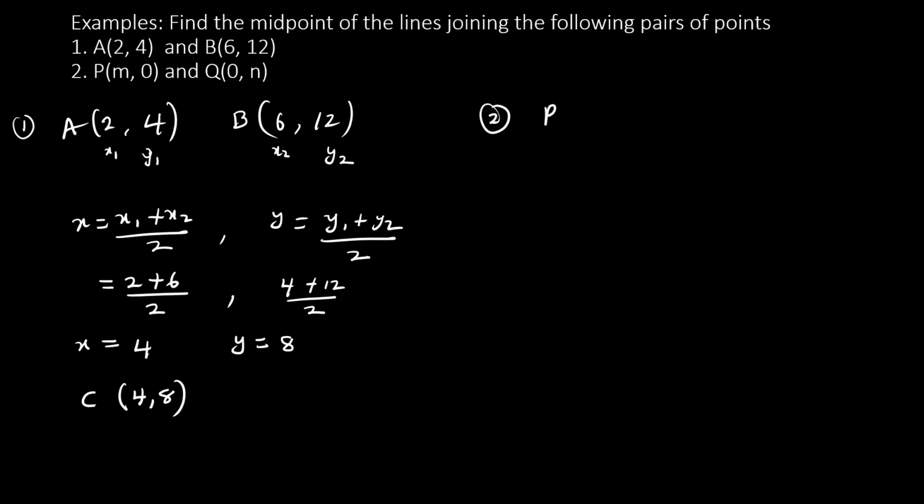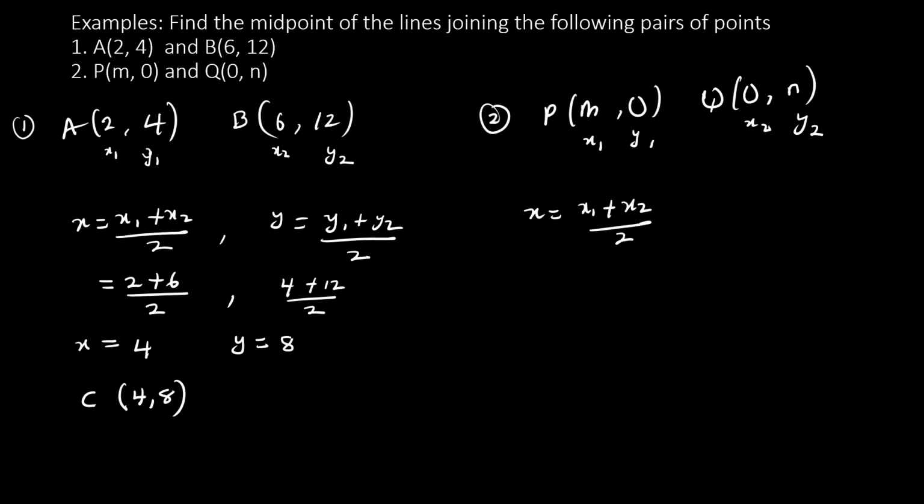we are looking at point P with coordinates m, 0, and point Q with coordinates 0, n. The same thing here, we have x1, y1, x2, and y2. So point x will be x1 plus x2 over 2, and point y will be y1 plus y2 over 2. But we have something different here. We are not looking at numbers for x1 and also for y2. We can easily put whatever we have there.